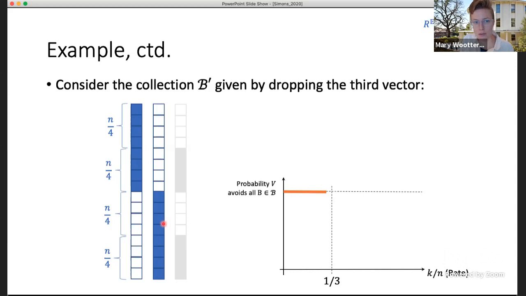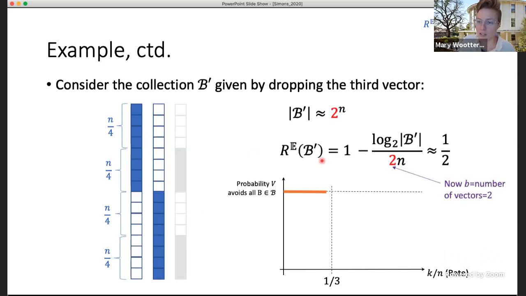We can ask, once again, what is the probability that a random subspace avoids all of these, using our first moment type of calculation? So let's just do the same thing again. Now the size of curly B prime is like 2 to the n. There are 2 possible choices, and I get to choose n times. So we can just compute this expectation threshold. It's 1 minus the log base 2 of B prime divided by 2n. Here, this is 2 now because there are 2 things.